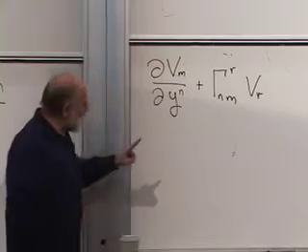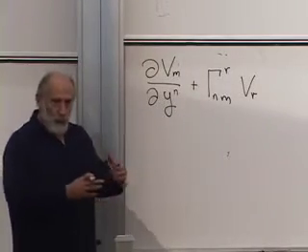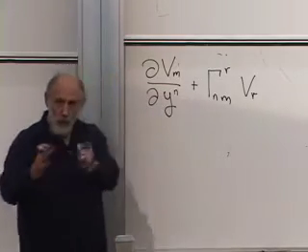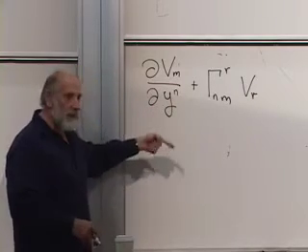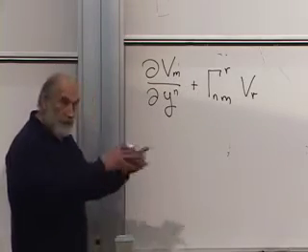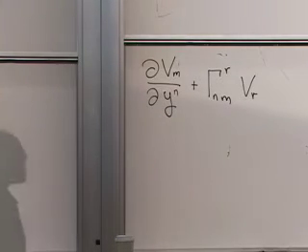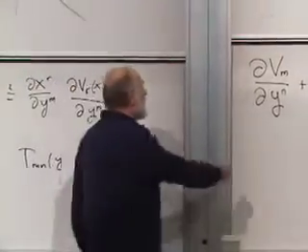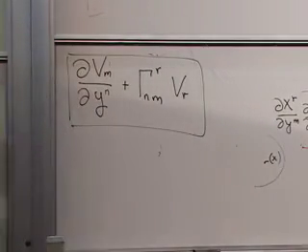What this term over here represents is the fact that when you differentiate a tensor, you have to take into account the fact that the coordinates are varying from point to point. And so the components have some variation that's just due to the fact that the coordinates themselves are flopping around, so to speak. I haven't told you yet, well, I've told you in this language over here what this gamma is, but now we're making a guess.